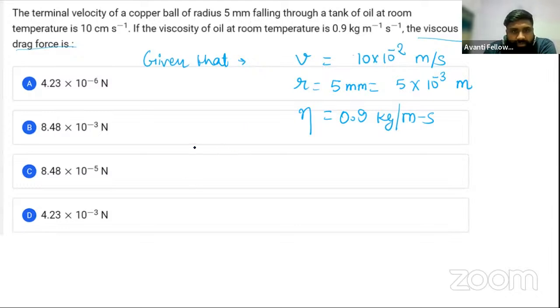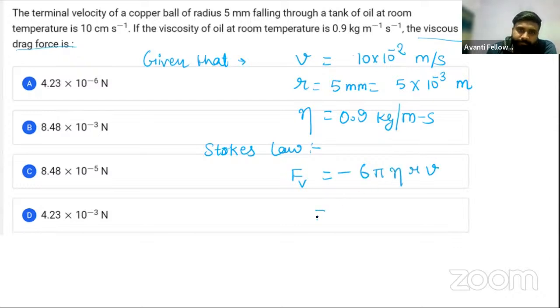So we know from Stokes law, viscous force or drag is given by minus 6 pi eta r into v. Now, for pi you can write 22 by 7. Eta you can write 0.9. r is given as 5 into 10 raised to the power minus 3. And v is given as 10 into 10 raised to the power minus 2.